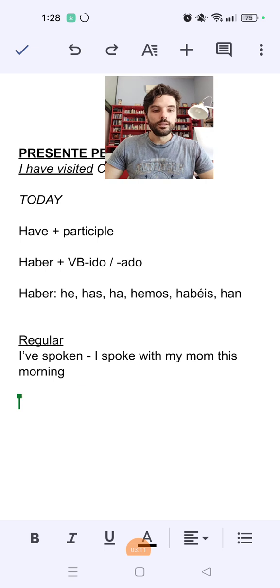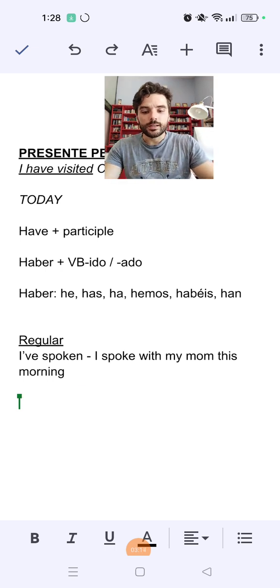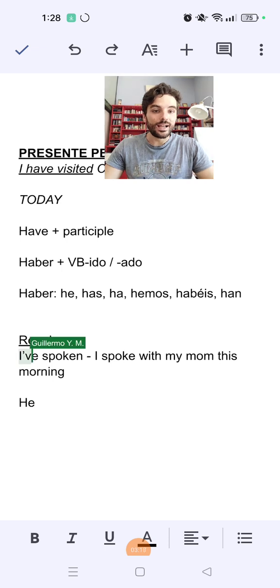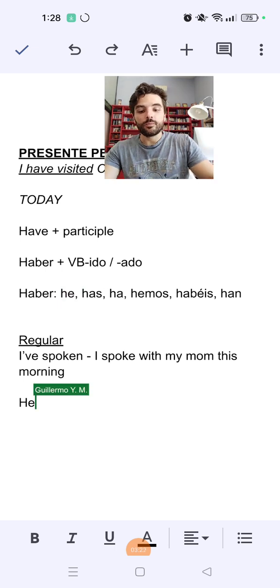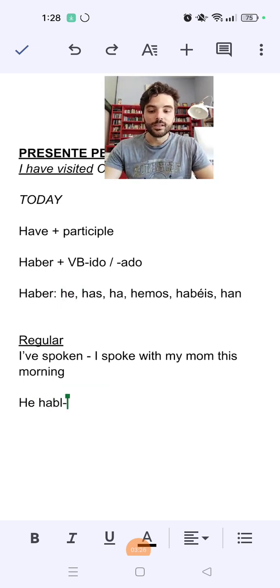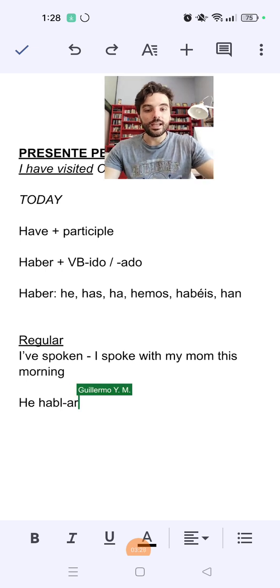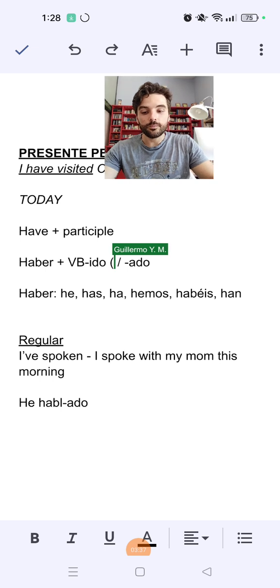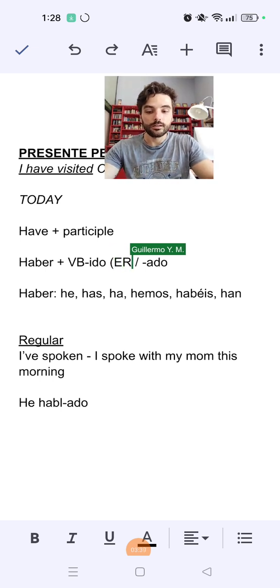So then in Spanish that would be he, because it's I have. That's the first form. Then we have the verb, our beloved verb hablar. So it's ar, we take the AR out and we put ado, right? Verb, ado. So ido, you must know by now, it's for ER and IR verbs.